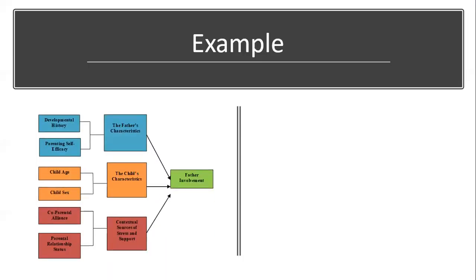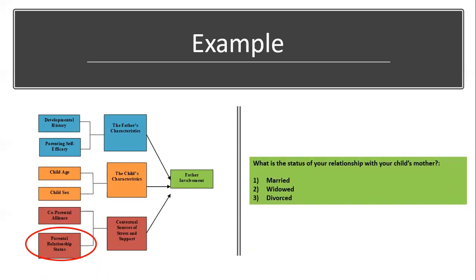So here's an example from the last lecture video that I provided. I talked a little bit about parental relationship status. And I mentioned the fact that I asked respondents in my survey the following question: what is the status of your relationship with your child's mother? And the original answer choices included married, widowed, and divorced.